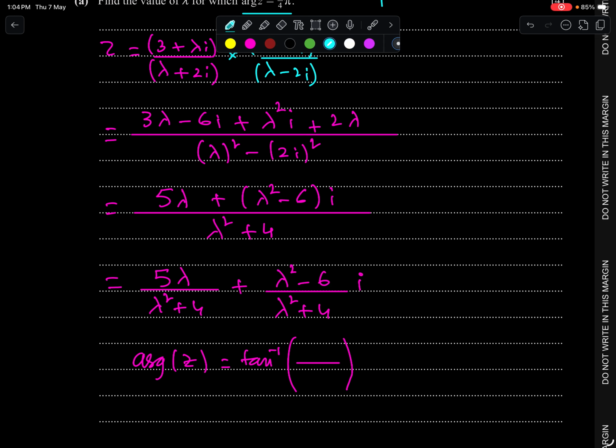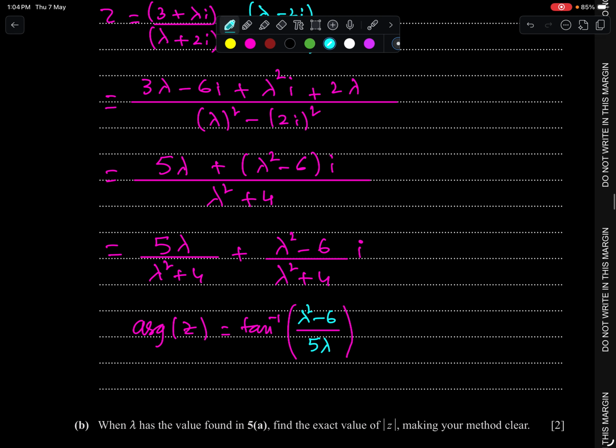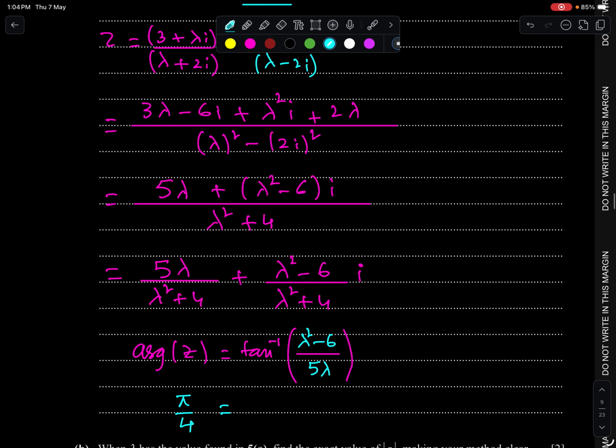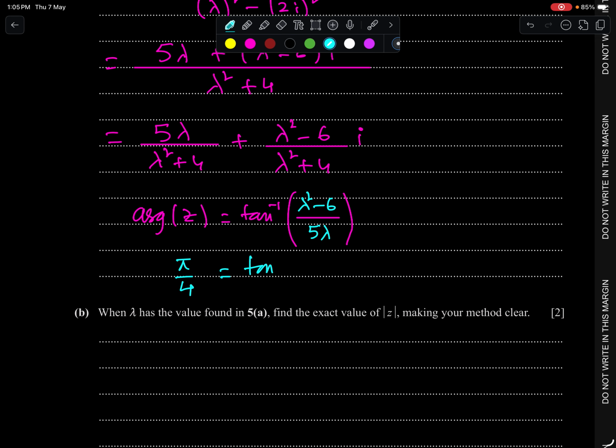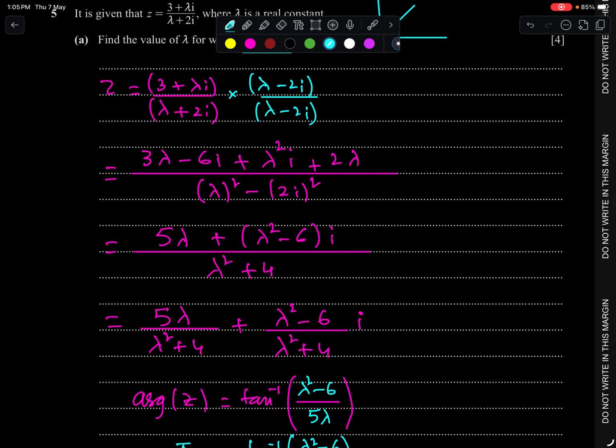So always do this in this way. If we have common denominators, just ignore those because they are cancelled. This is pi by 4, argument z, this is given. Argument z is pi by 4, tan inverse lambda square minus 6 divided by 5 lambda. Okay, we have to make a margin, draw a margin.